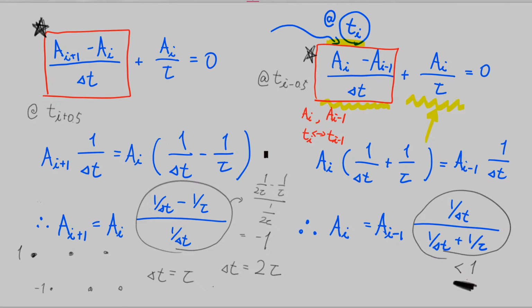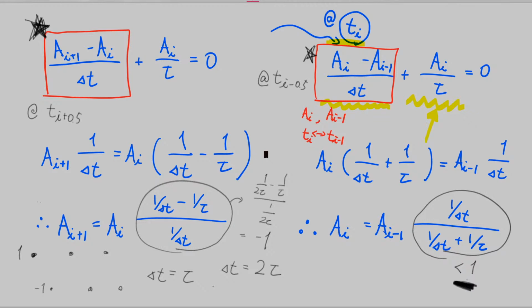So can you accept this solution? No. This is just oscillating, and this is far from the physically correct solution, like an exponentially decaying solution. So then is this approach completely wrong or not?